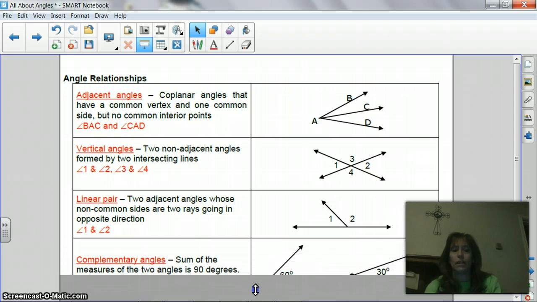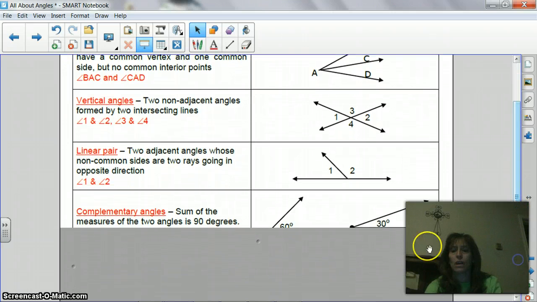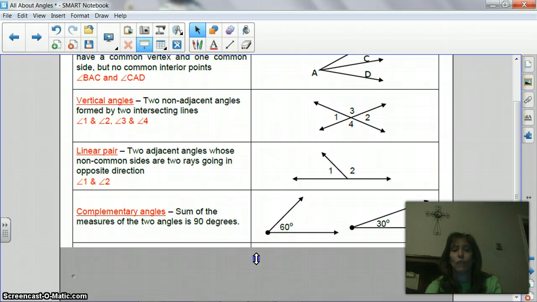Okay, the next one is complementary angles. Complementary angles, the sum of the two angles adds up to 90 degrees. Now, if you'll notice, like a linear pair, these are actually stuck together to form a line.